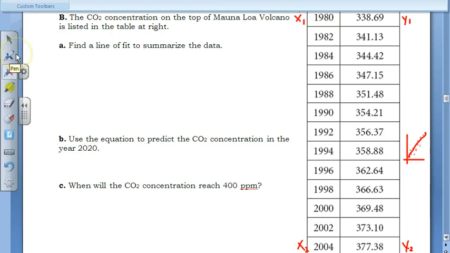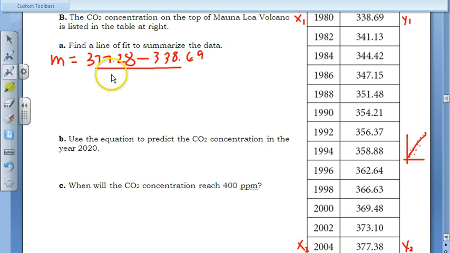So I'm going to start with my slope. I have my x's and y's labeled. y2 minus y1 over x2 minus x1.